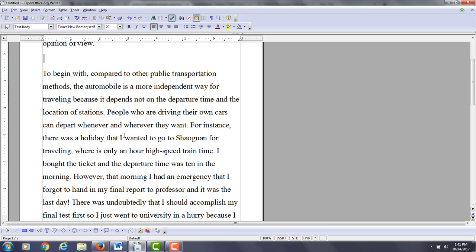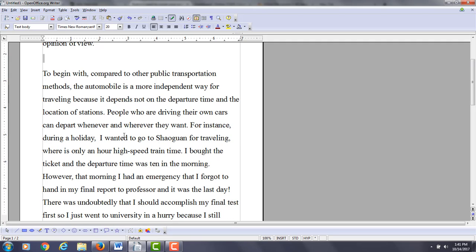For instance, I'm going to say during a holiday, I wanted to go to Shaoguan for traveling.